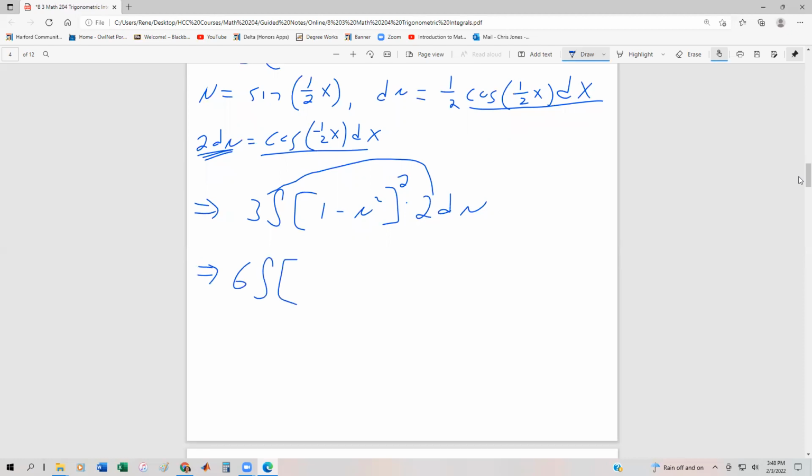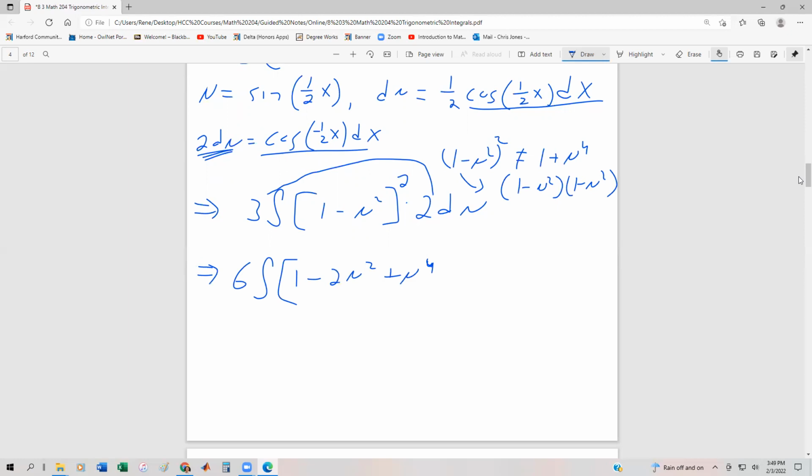Now, when we FOIL this out, remember, 1 minus u squared, squared is not going to be 1 plus u to the 4th. Instead, what we're going to do is turn it into a FOIL problem. And ultimately, it's going to end up being 1 minus 2u squared plus u to the 4th.